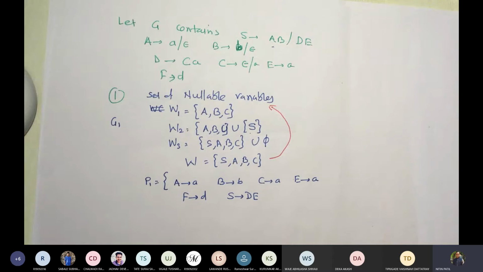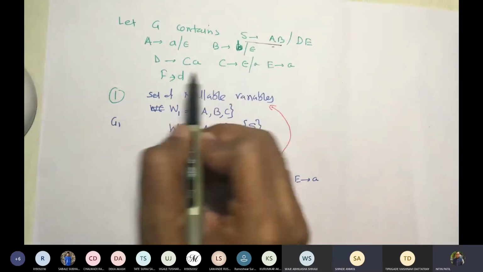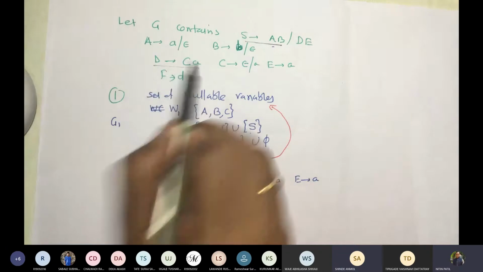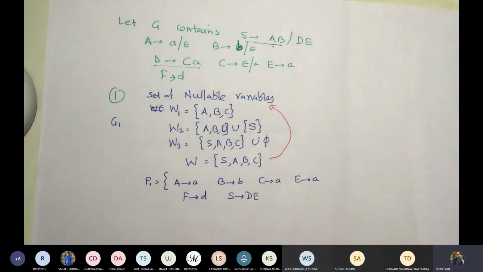Now, which are remaining? Can somebody tell me which are remaining? S gives AB and D gives CA are remaining. Only these two are remaining, correct? So we have to write for them.